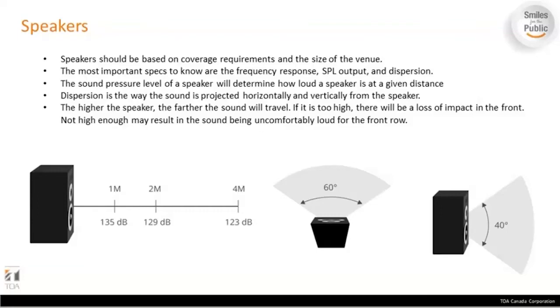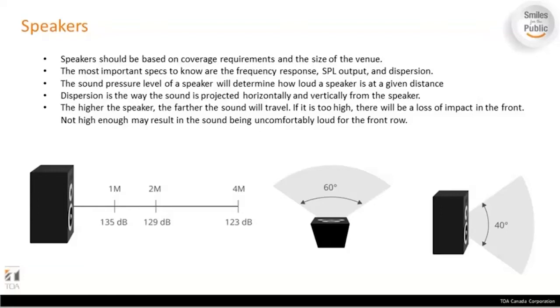So the most important specs to know with regards to the speaker are the SPL output and the dispersion. So the dB level, right? What dB level are you getting? Usually, while designing the system, we go with different brands, and we go by, okay, on that side we saw an X model of the speaker from an X company.